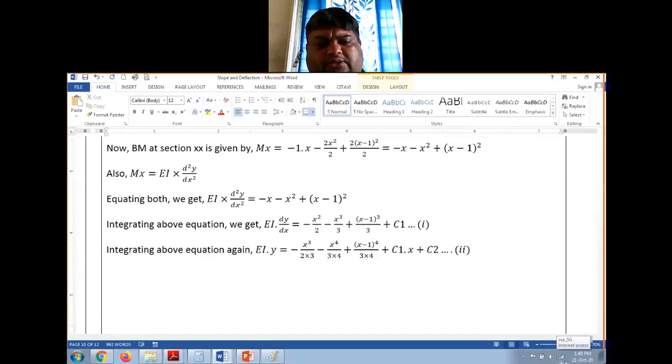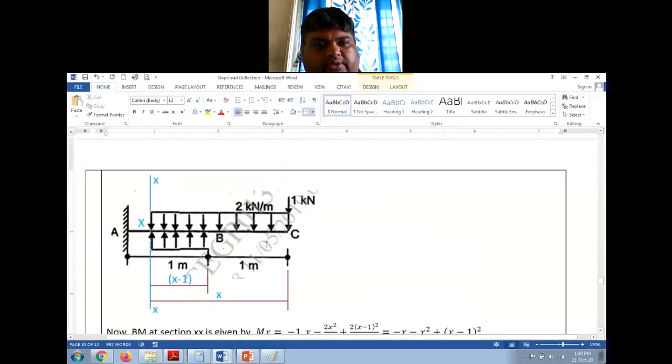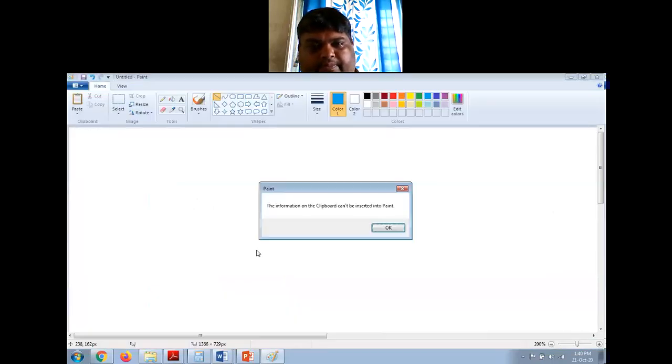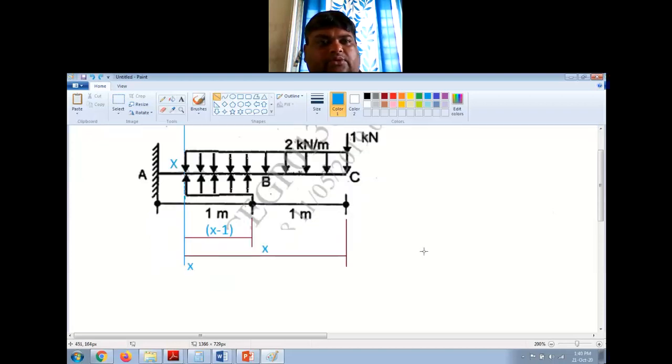Now in order to find the constants, I need to apply the boundary condition, right? So what boundary condition can I apply?